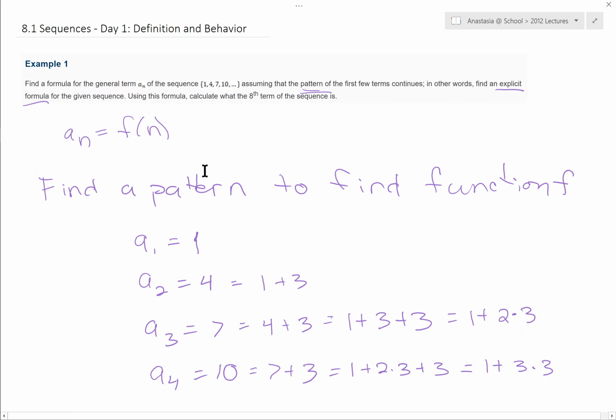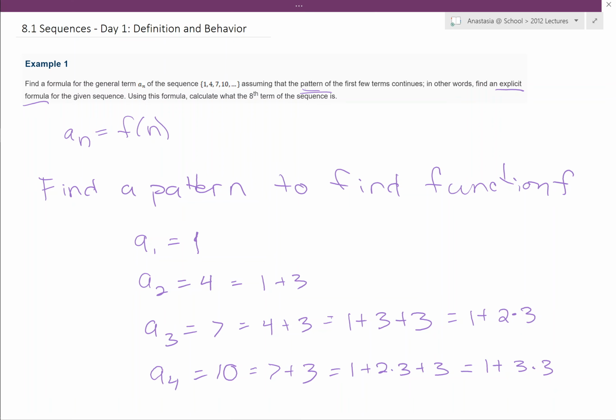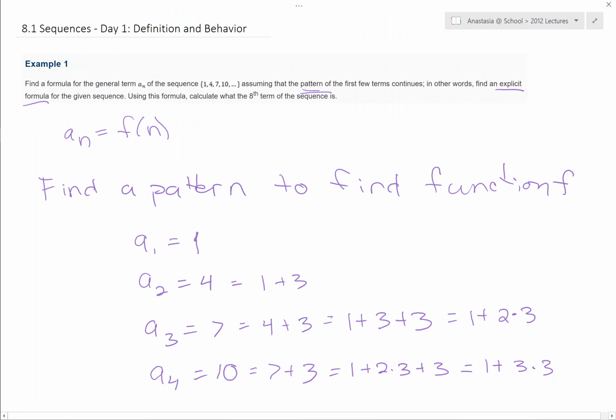So let's see if this is enough to get a pattern now. We have 1 plus 3 times 3, 1 plus 2 times 3. Those two are pretty similar. The only difference is this one number. So maybe we can write that in terms of a general n.